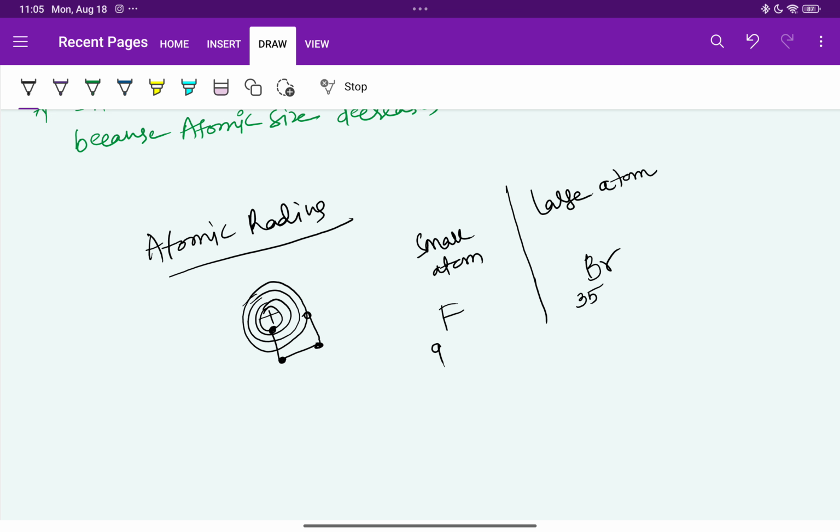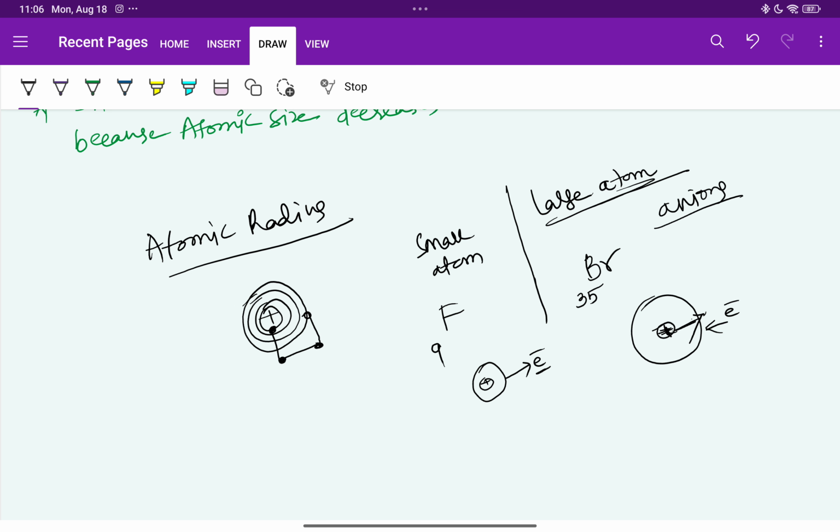So very simple, children. A smaller atom easily takes the electron when you compare with a larger atom. Why? What is the reason? In the larger atom, the nucleus is far away from the valency shell. So the larger atom cannot take an electron easily because the nuclear attraction is less on the valency shell, and it cannot form anions easily.